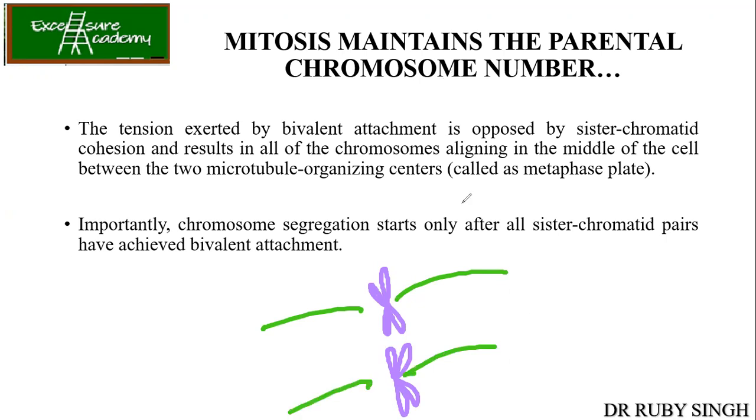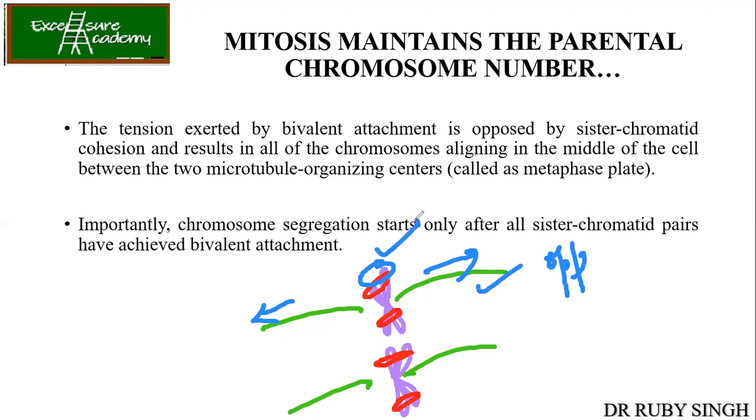Among this, we also have cohesin proteins which are holding the two sister chromatids together. So the action of the spindle fibers in the opposite direction, plus the cohesin keeping the chromatids together, both of these forces result in the tension. It is the action of these two, the spindle fibers as well as the cohesin, that keeps your chromosomes in one single alignment, which is called the metaphase plate.